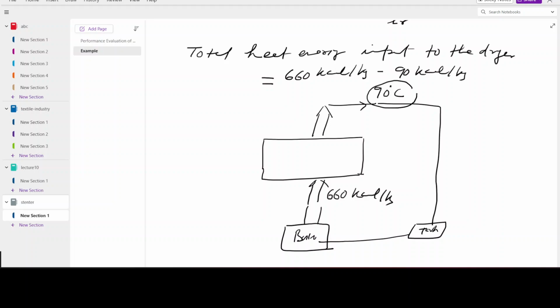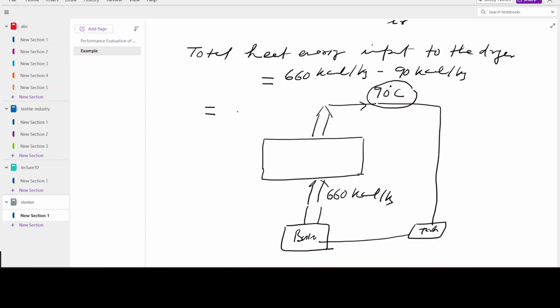Condensate is at 90 degree centigrade, and at 90 degree centigrade, if you see the steam table, you will find that the enthalpy is 90 kilocalorie per kg. So the total energy input to the dryer is the difference of these two. I hope you will appreciate this point.